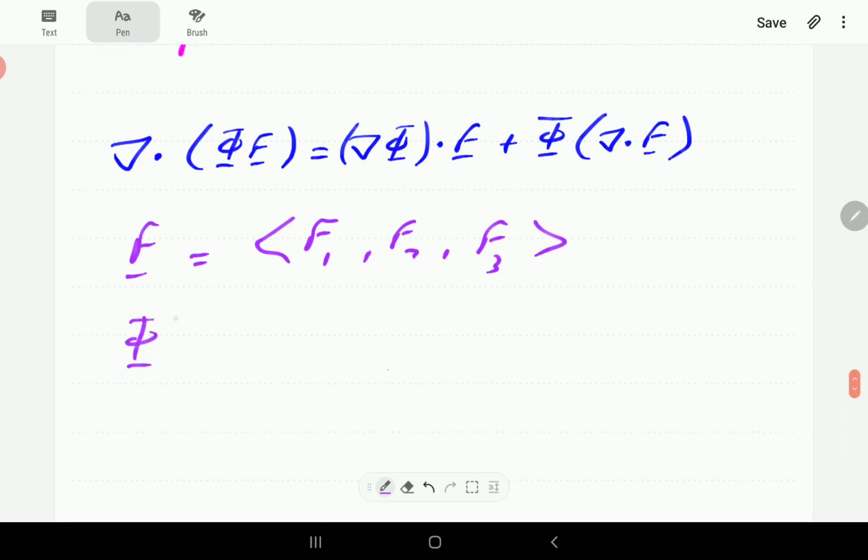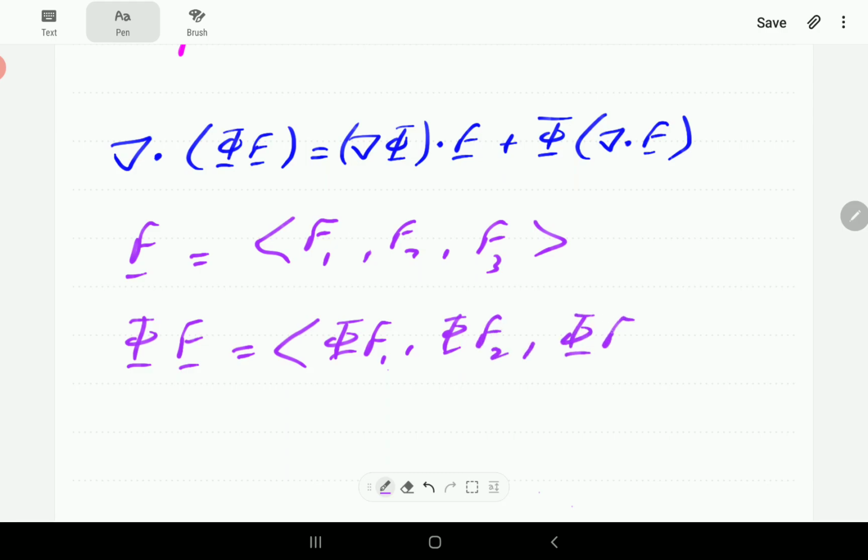So phi times f, where phi is a scalar, it's going to be phi times f1, phi times f2, phi times f3.